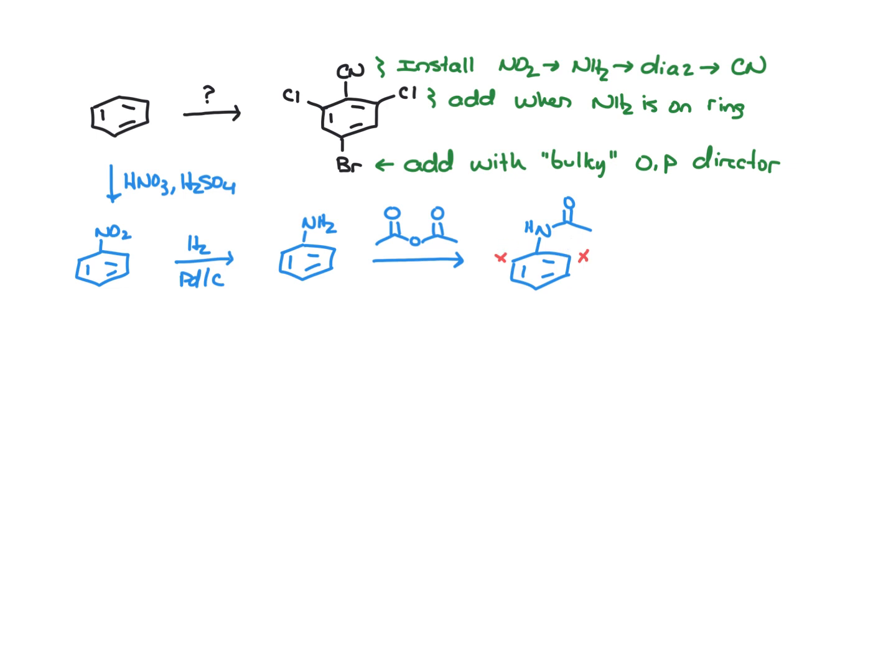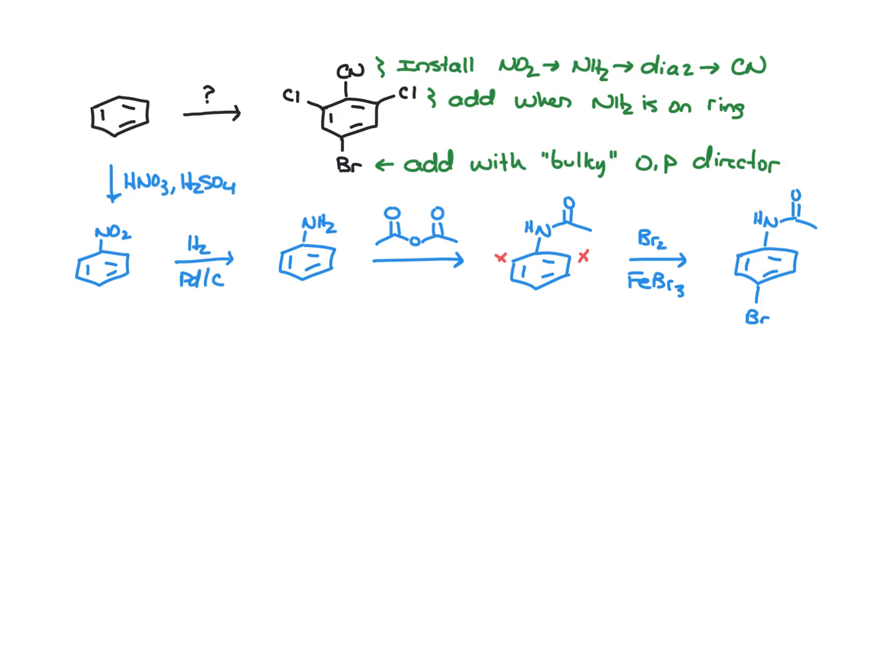The orthos are blocked, so we'll just put the bromine at the para position. Okay, so we've done our selective parabromination.